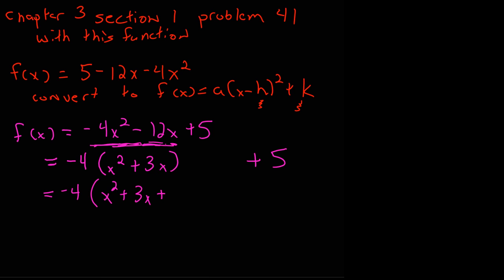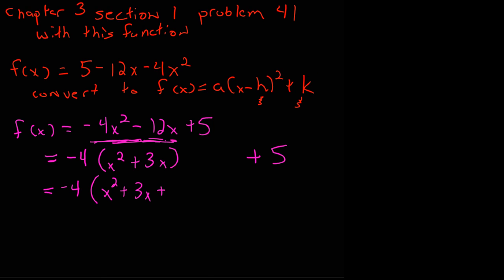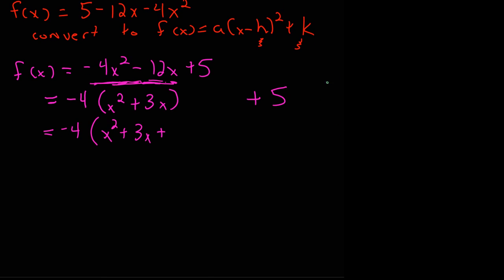So let me just put a note off to the side over here. I'll scroll up a bit here. And I'll say, hey, 3 divided by 2 squared, that's going to be 9/4. And that's what I want to add to my function.